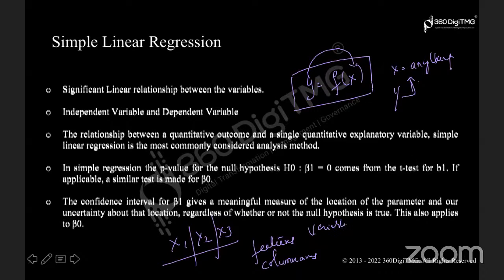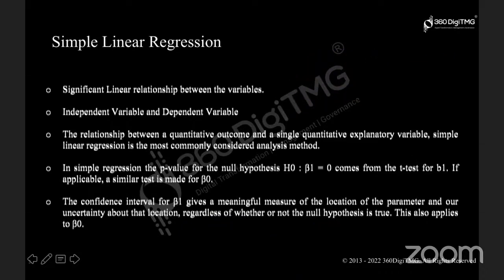For any given value of x, you are trying to find out y, and this is your y hat, which is called the predicted value. Suppose you want to find out the profit of your bank, whether your bank is at profits or not. You do a lot of marketing regarding that.